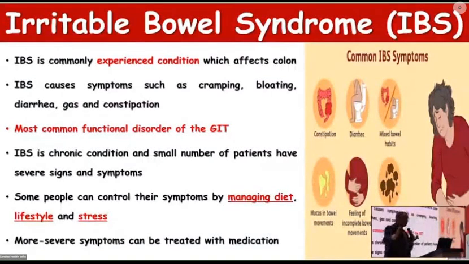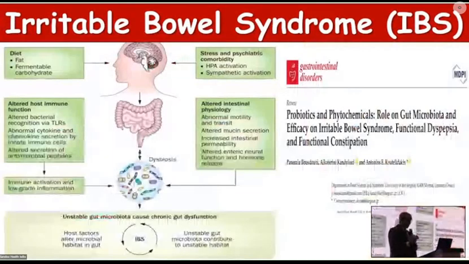It is a chronic condition. Most patients have mild to moderate symptoms. A small number of patients will have severe symptoms, and mild to moderate cases are managed by modulating the diet, modulating lifestyle, avoiding stress, but severe cases may be treated by medication.